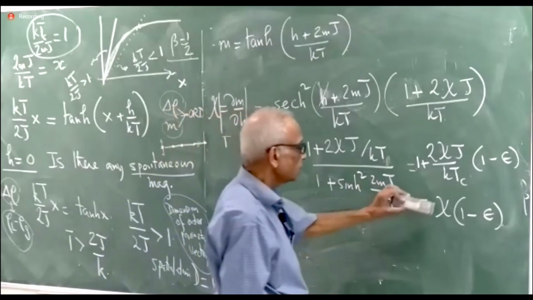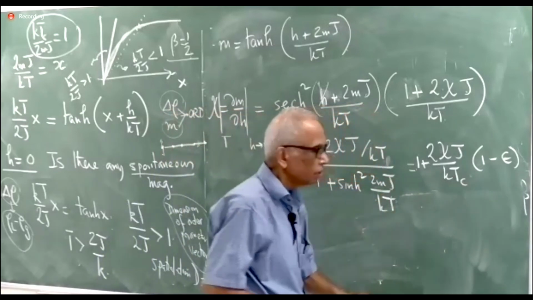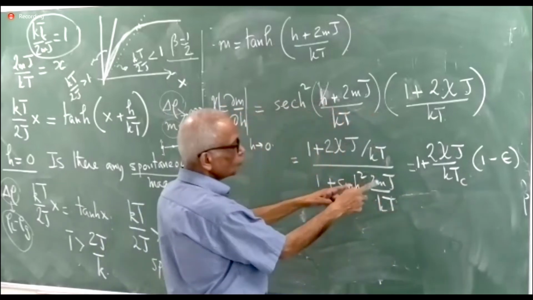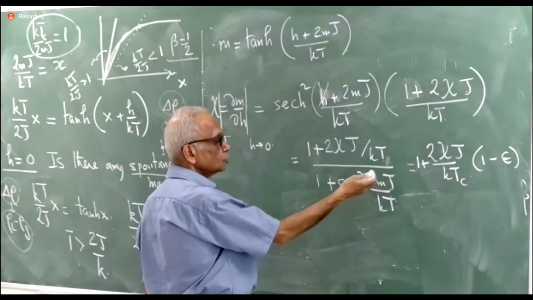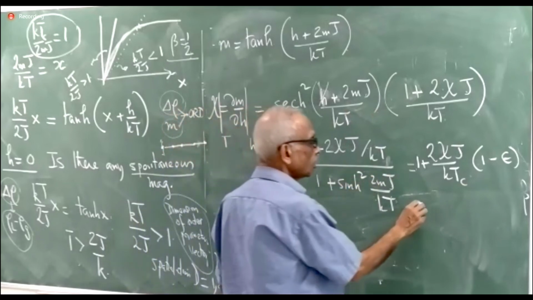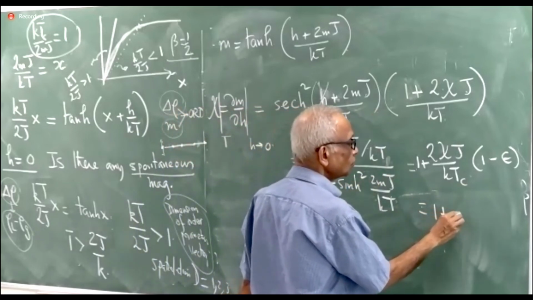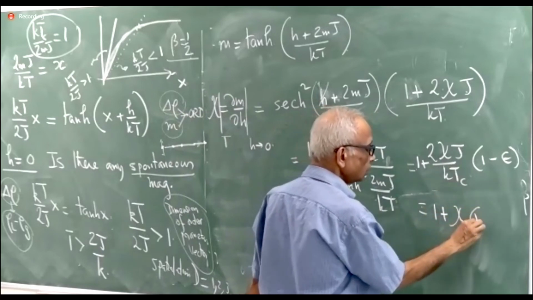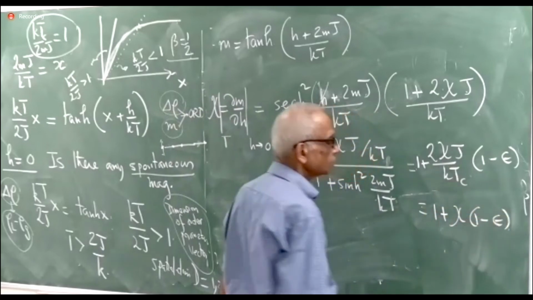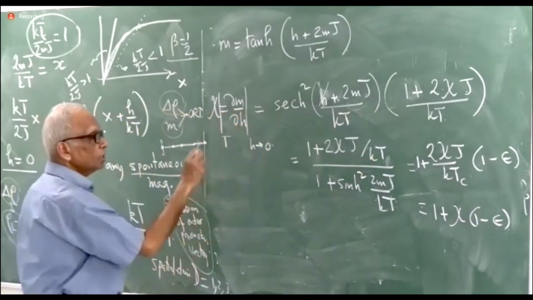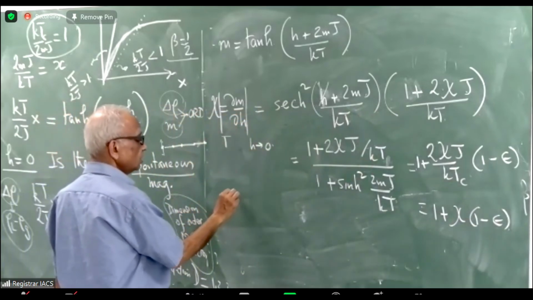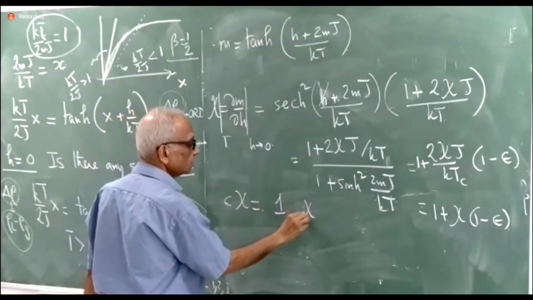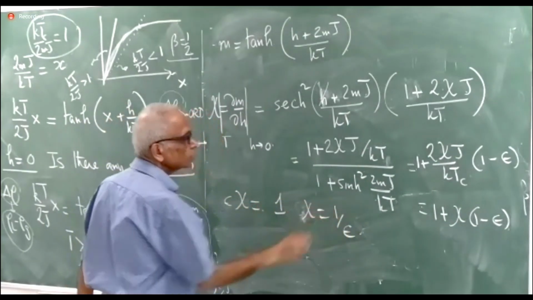It is like m squared, and therefore dropped. So this is equal to 1 plus 2, this is chi into 1 minus epsilon, and therefore chi comes to that side, and it is epsilon chi equal to 1.